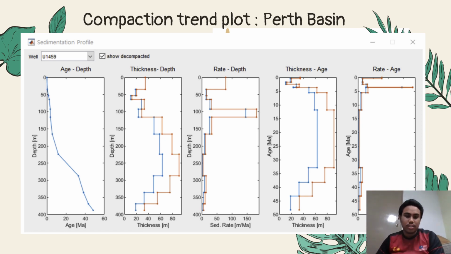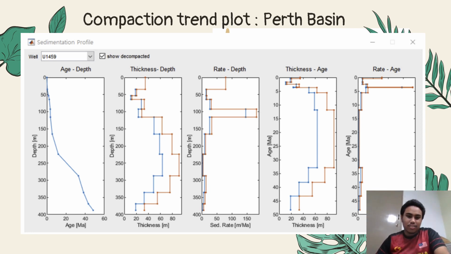For the thickness over depth, the thickness below 300 is decreasing. When it meets 250 to 150 meters, the thickness is bigger than the older one and the younger one, and the trend is increasing. The trend is the same, increasing with time.